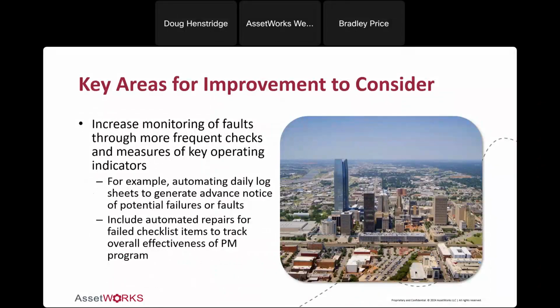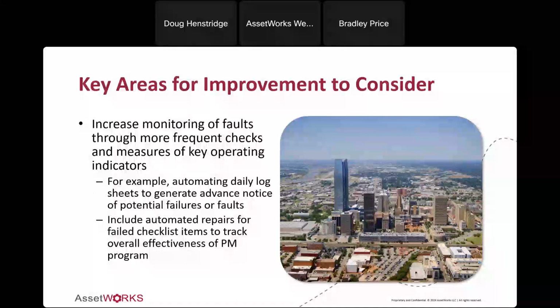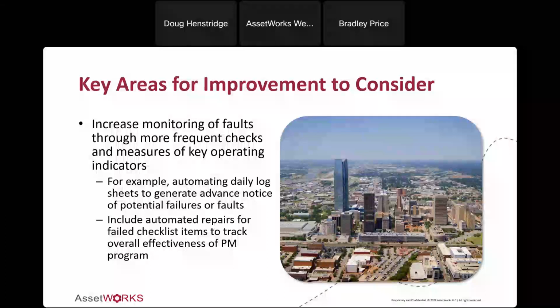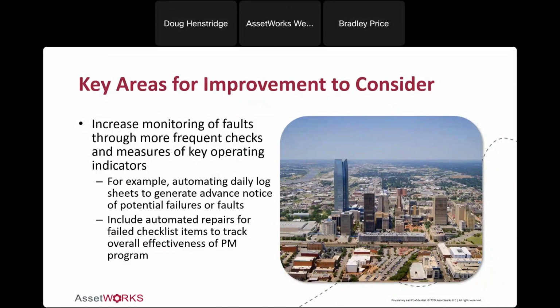Right. The other thing is to monitor faults in equipment, right? So a lot of organizations have these daily log sheets. I've seen this with boilers. I've seen it with organizations that run, say, ice arenas with the ice making equipment, where they have a paper form.